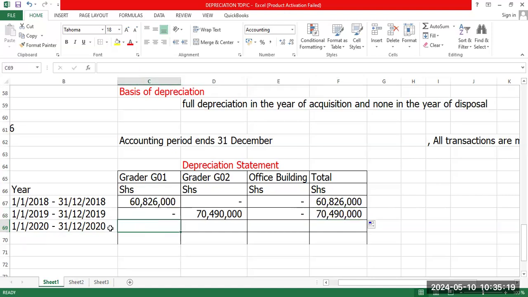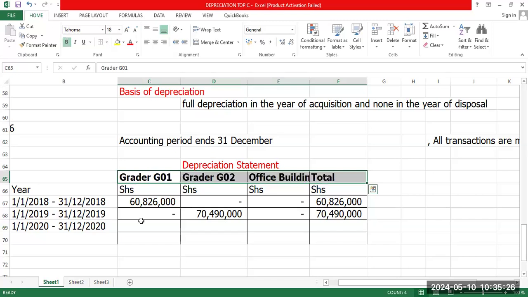The question is, in 2020, do you still have this asset? Do you still have grader 1? No, because it was sold in 2019. So no depreciation here, because this asset was sold in 2019 and you cannot claim depreciation for it. What about grader 2?